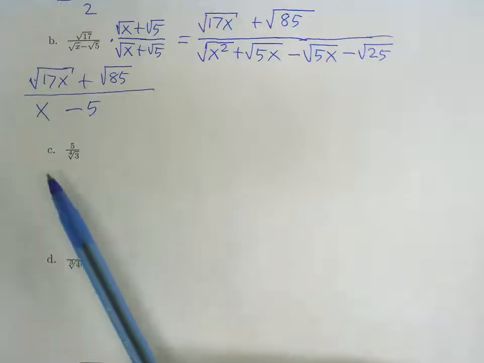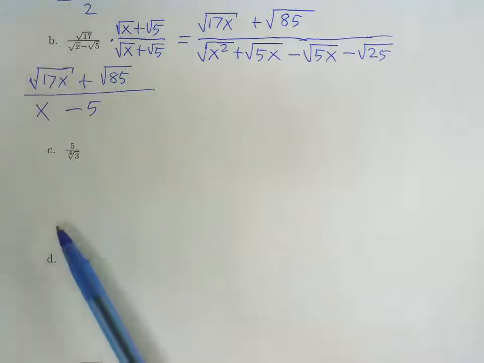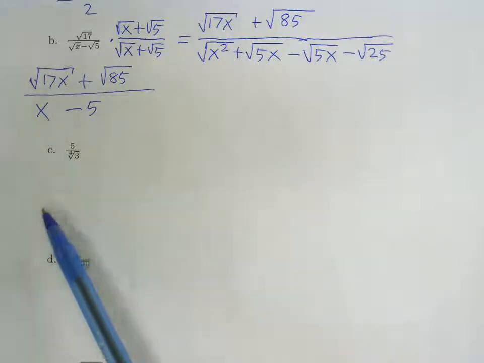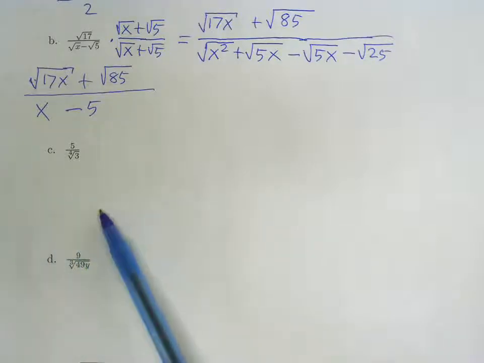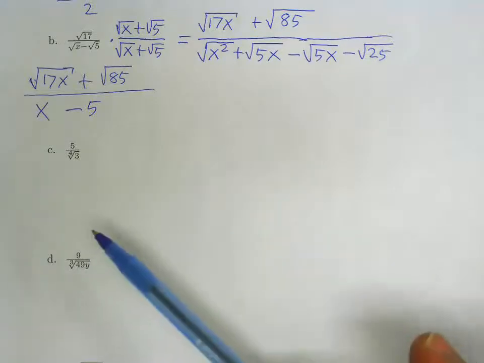And we ask, what would I have to multiply by 3 to the first to get a perfect fourth power? The answer is I would multiply 3 to the first times 3 to the third, because 3 to the first times 3 to the third is 3 to the fourth. And 3 to the fourth, by definition, is a fourth power.